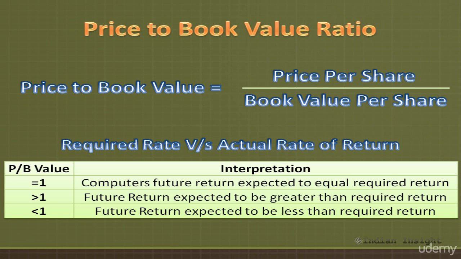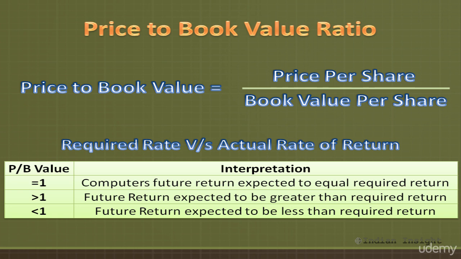A ratio greater than 1 indicates that future profitability of the company is expected to exceed the required rate of return, and a value of less than 1 would indicate that the company's future profitability is not expected to exceed the required rate of return.